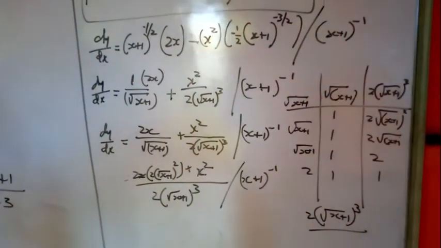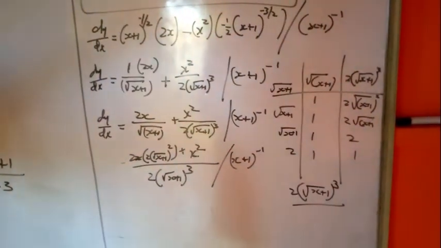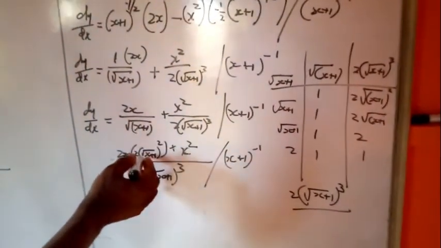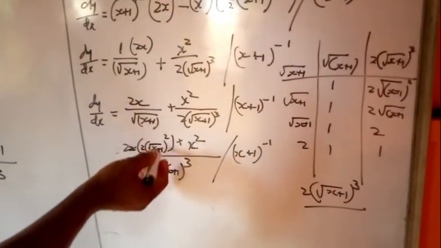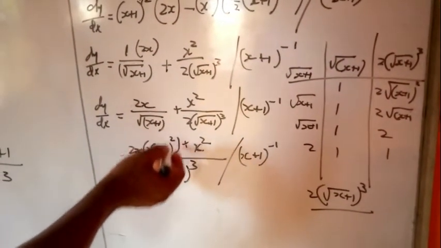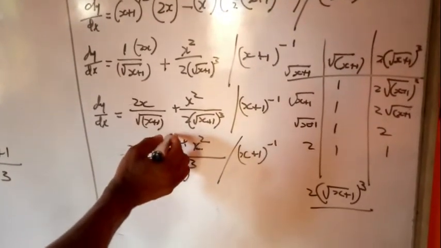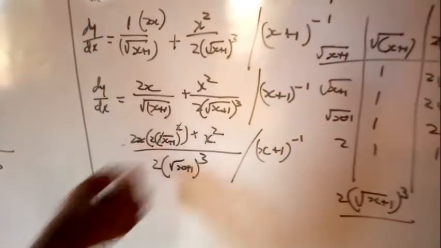I hope you are following. This is a power: root raised to power 2, which means the square will cancel the root.